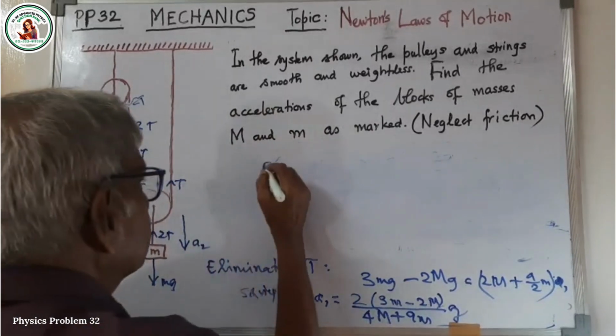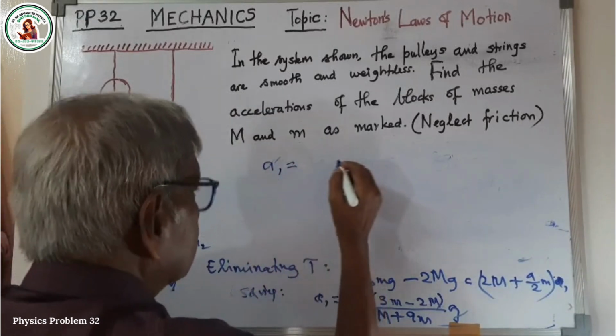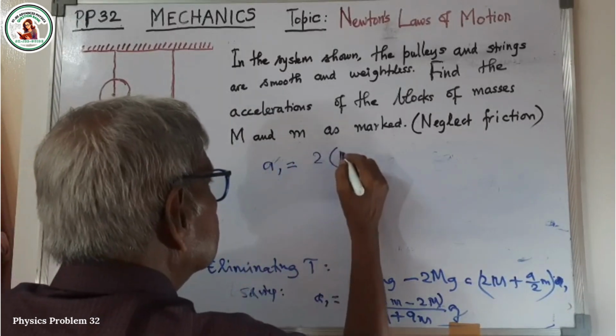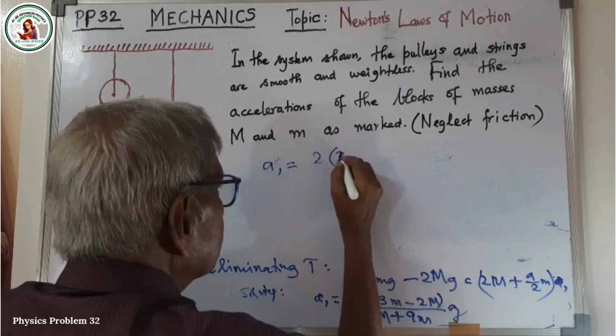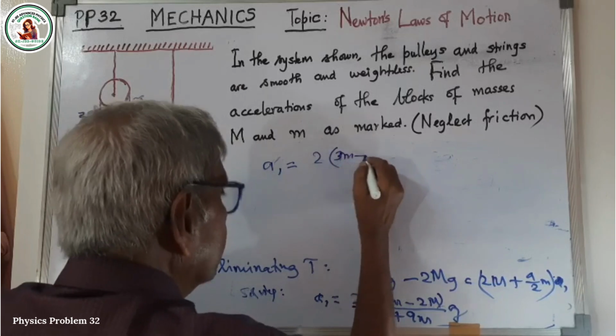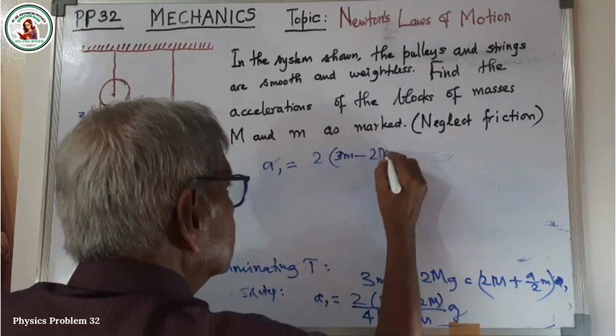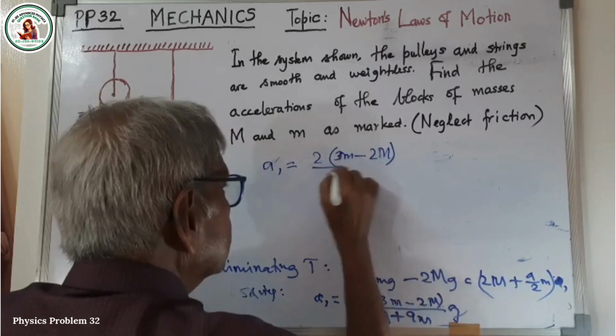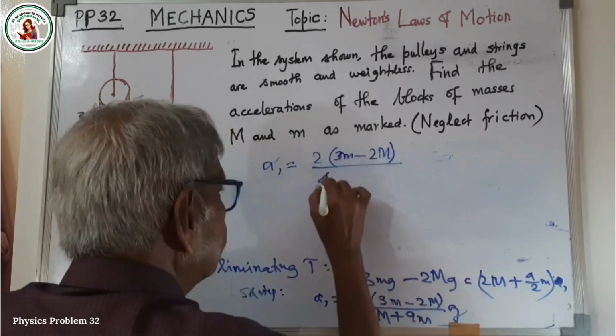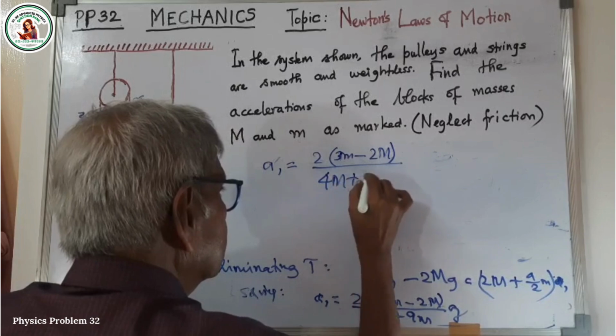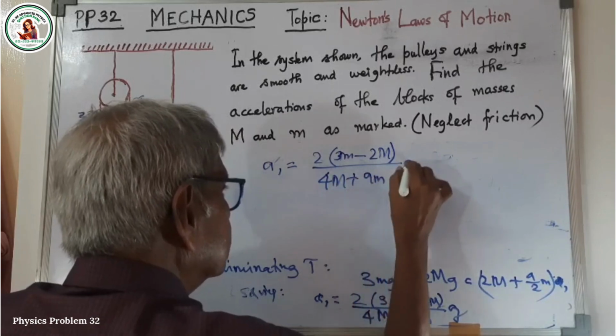A1 is equal to 2 times (3m minus 2M) by (4M plus 9m) into g.